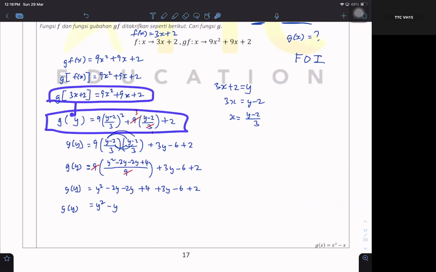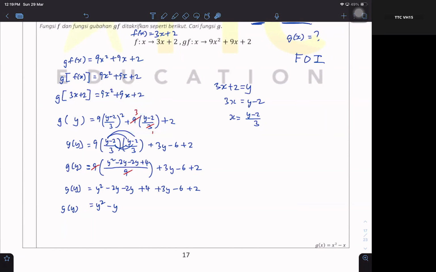You must know how to do this, because most of the students can do until here, and then they don't know how to do this one. So you must know this one. The rest is expand calculation. Oh, last, change the y to x, just like inverse function. In the end, you change the y to x.